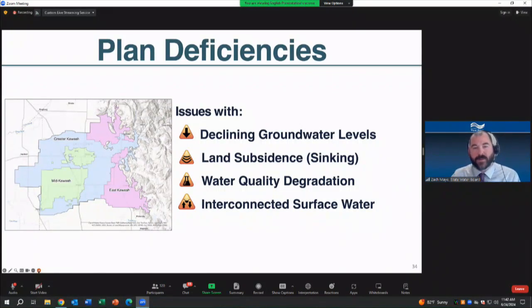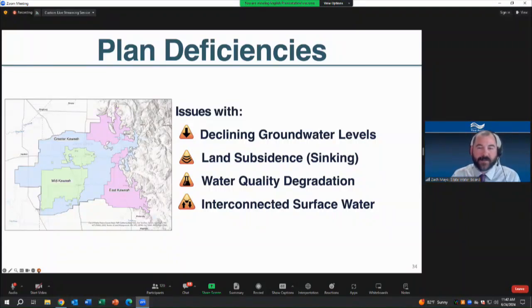When the Department of Water Resources reviewed the Kaweah Subbasin plans, the department found problems with how the agencies plan to manage declining groundwater levels and land subsidence. Board staff agree with the department's review, and the draft staff report describes significant deficiencies related to these two categories. In addition to the department's deficiencies, board staff have also identified additional deficiencies.